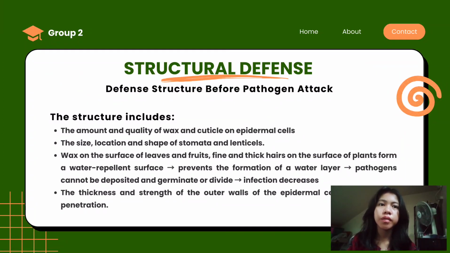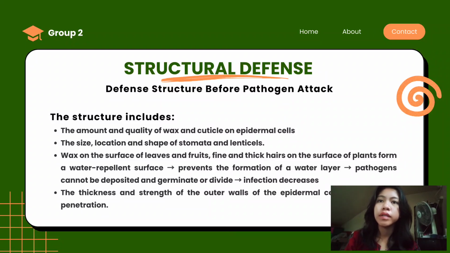Next is structural defense. The defense structure before a pathogen attacks includes: first, the amount and quality of wax and cuticle on epidermal cells, and second, the size, location, and shape of stomata and lenticels.